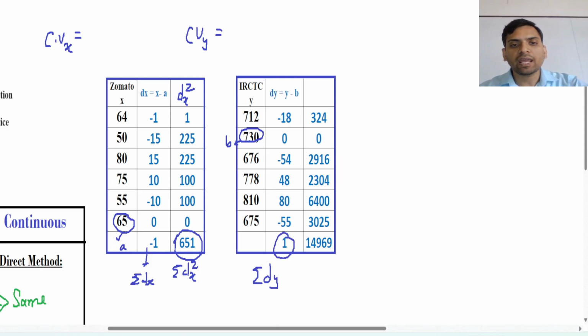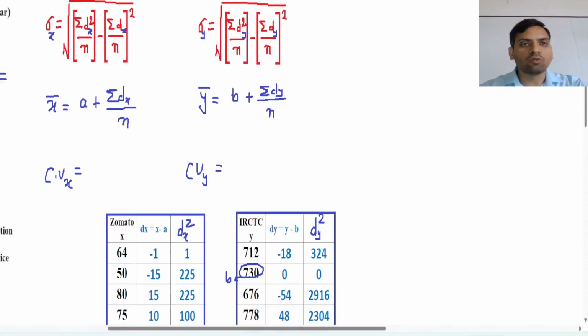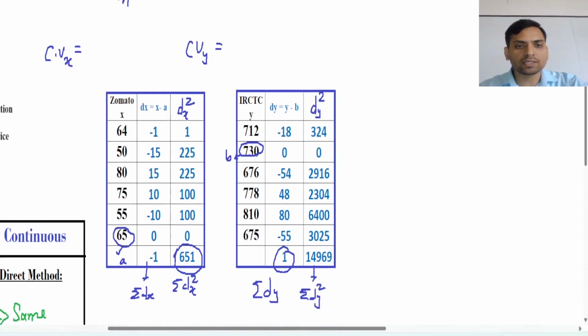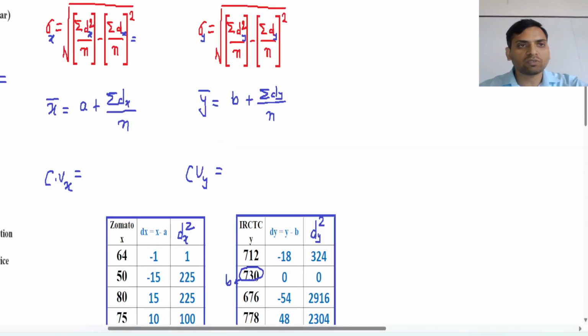In the same way you can find the whole column; this summation is summation dy, and this is dy square, whose summation is summation dy square. So you will have all these values and put them in the two formulae. For the first, summation dx is minus 1 and summation dx square is 651.